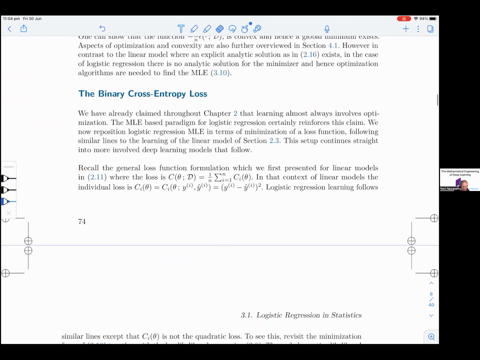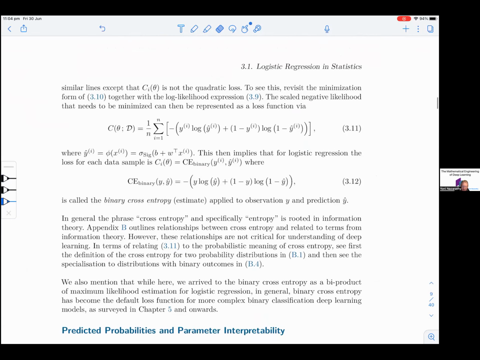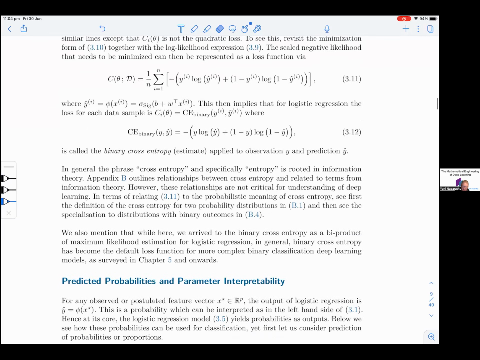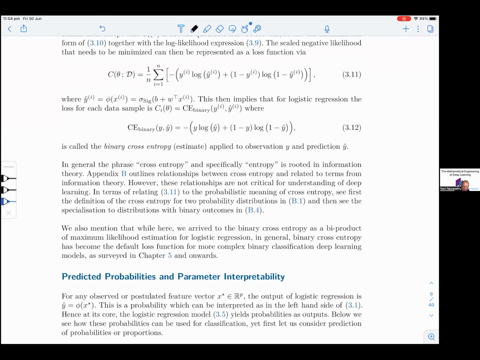The scaled negative likelihood that needs to be minimized can then be represented as follows. We are just rewriting the expression, putting the negative that was before outside inside as the sum of these things, where y hat i is phi of xi, which is the sigmoid of the affine relationship on the features.